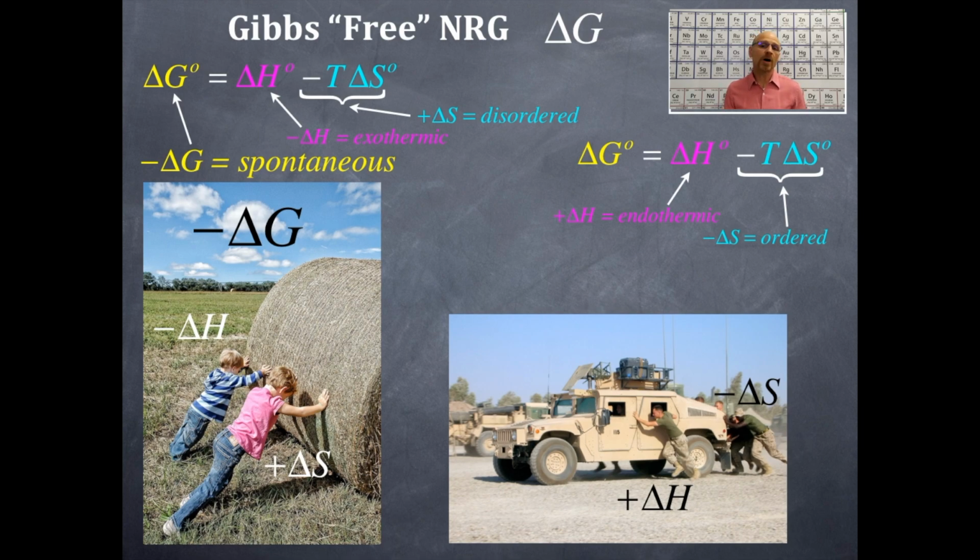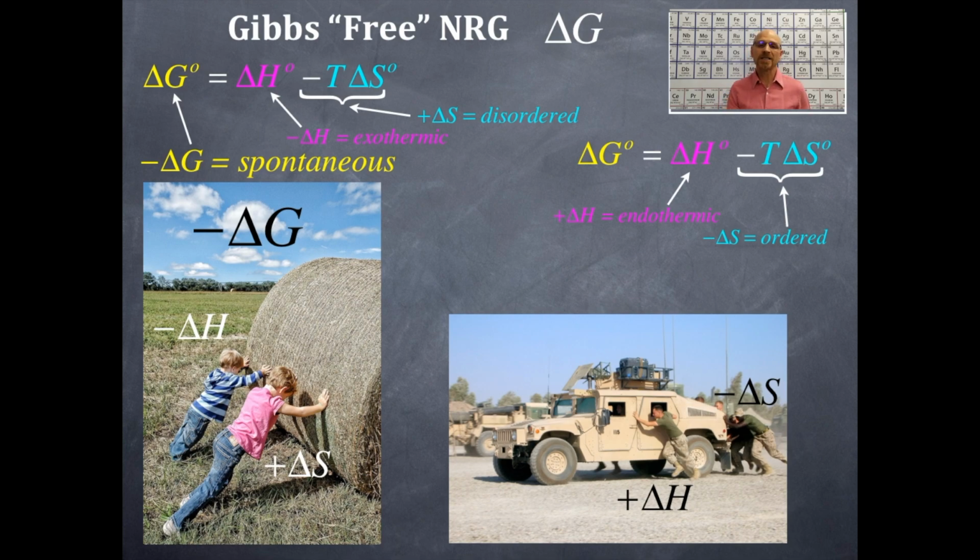Now, these two are also working in unison together. They're pushing in the same direction. The vectors are going in the same direction. They're helping each other out. All these men are pushing this Humvee in the same direction, just like the two boys are pushing the hay bale in the same direction.